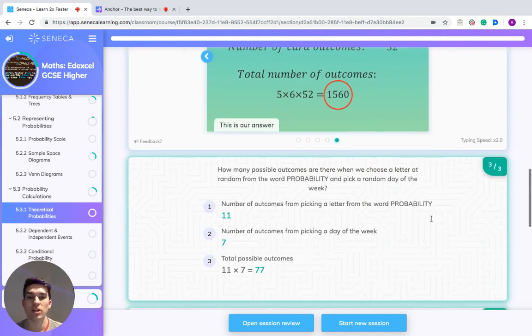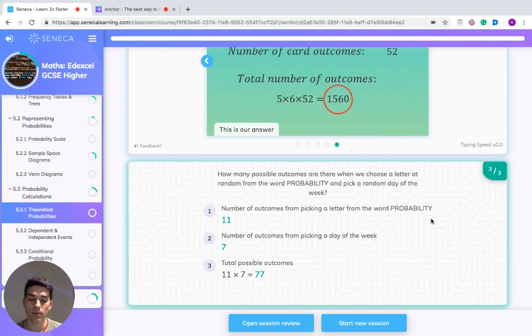So let's look at it with an example that has slightly smaller numbers so we can sort of get our head around this. So how many possible outcomes are there when we choose a letter at random from the word probability and pick a random day of the week? So there are 11 letters in the word probability.